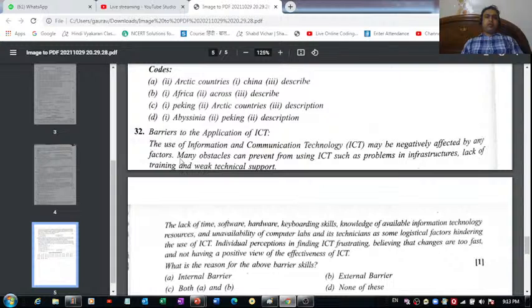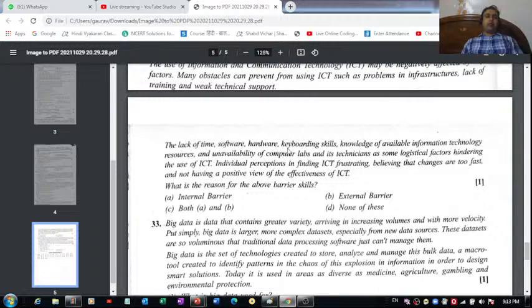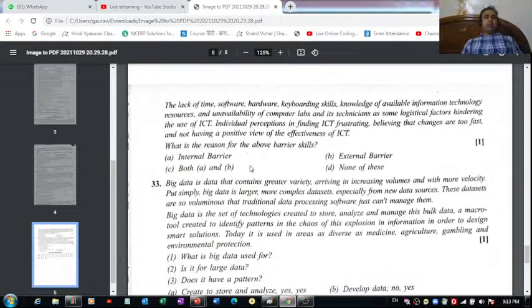Many obstacles can prevent the use of ICT, such as problems in infrastructure, lack of training and weak technical support, the lack of time, software, hardware, keyboarding skills, and knowledge of available information. I think it's an external barrier, because all the barriers are based on hardware related things. Of course, it is an external barrier.